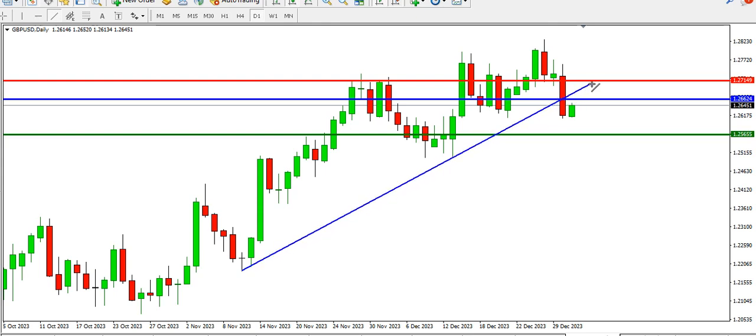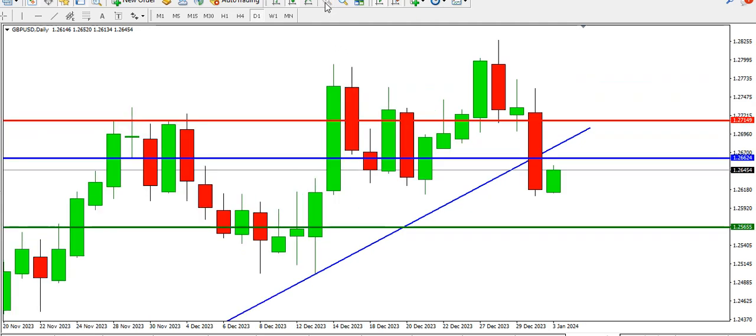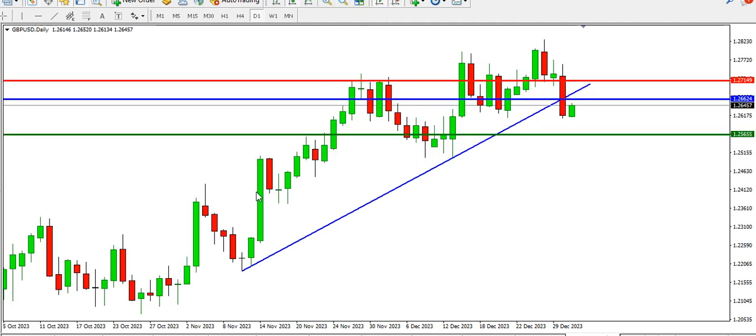You can see this ascending trend line being broken around here. So that's an indication that sellers have come in. You might want to stop buying GBPUSD. Okay, we have a high around here.